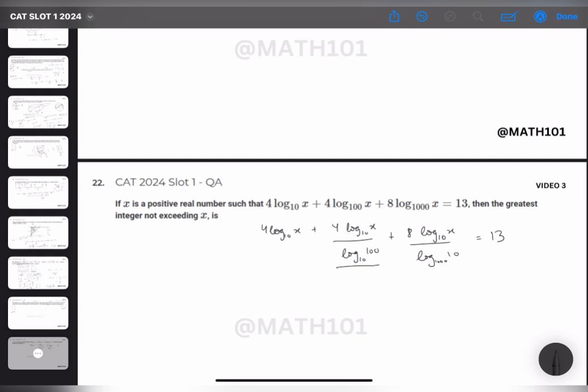Now this thing is simply 2, and this is log base 10 of 1000, and this is 3.